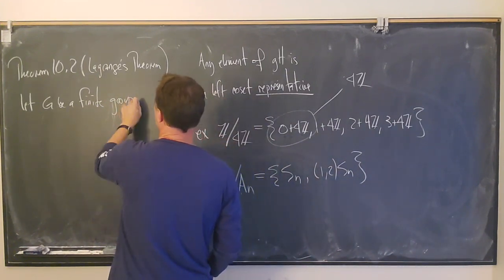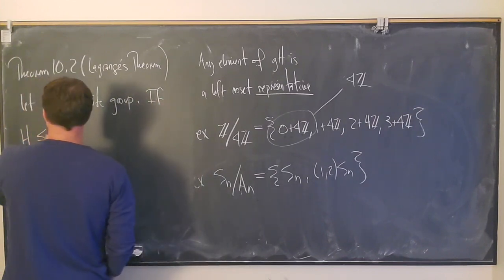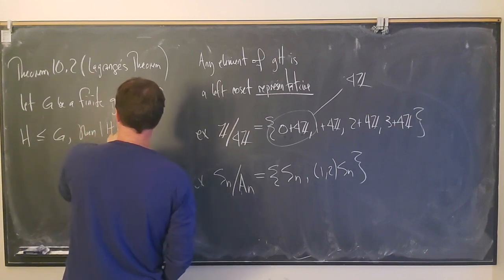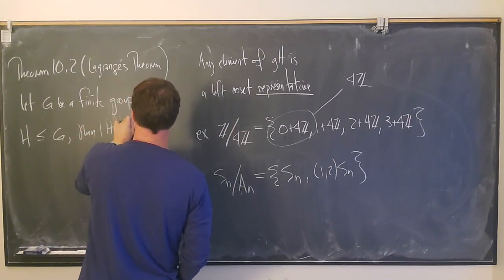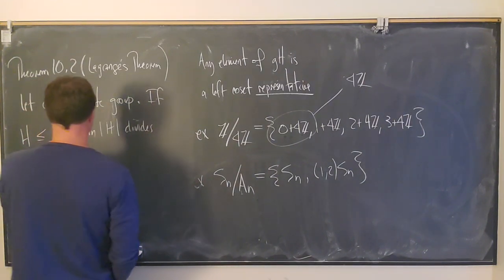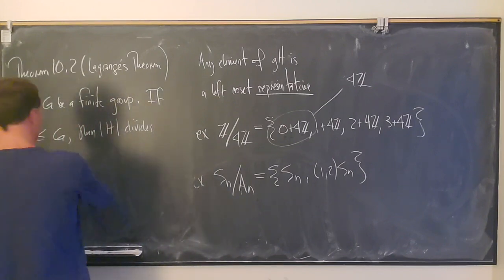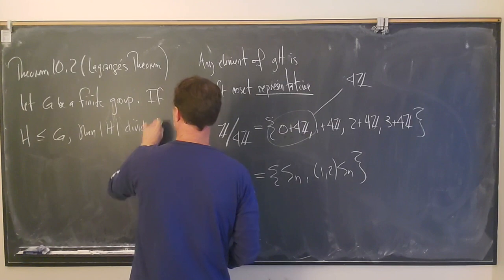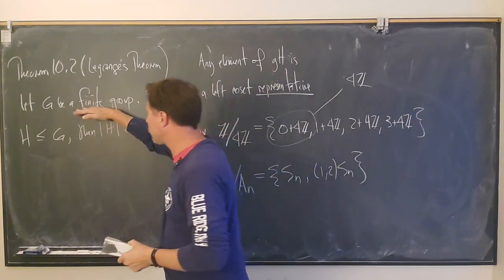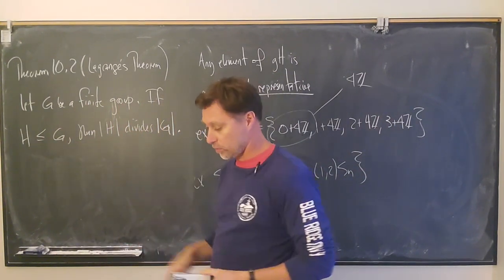So if H is a subgroup of G, then the order of H divides the order of G. There's a cleaner way to write it. So if we have a finite group and any subgroup, then the order of the subgroup divides the order of the group.